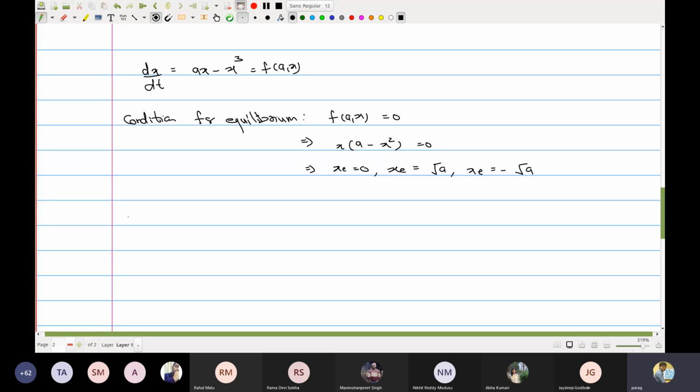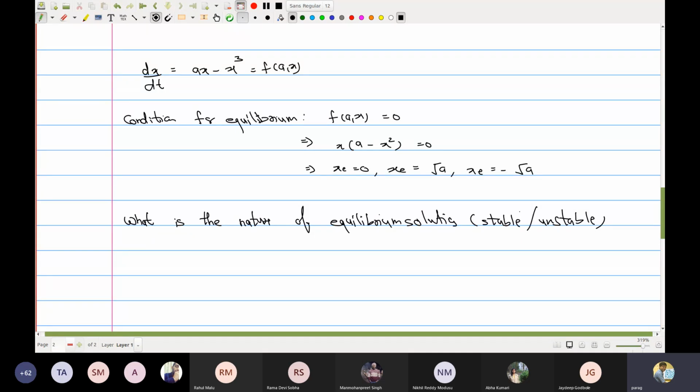Now the question is, what is the nature of equilibrium solutions? Right? Which means stable or unstable, right?